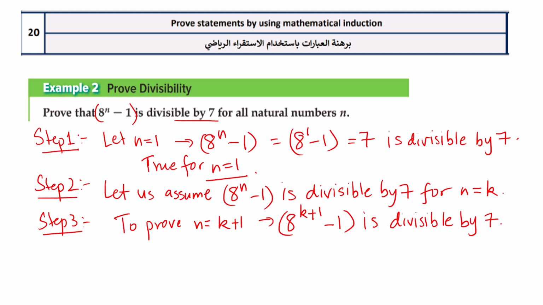So we have to now check this. Now from the assumption, if 8 to the power n minus 1 is divisible by 7, so let me tell you, can we write 8 to the power n minus 1 as equal to 8 to the power k minus 1.